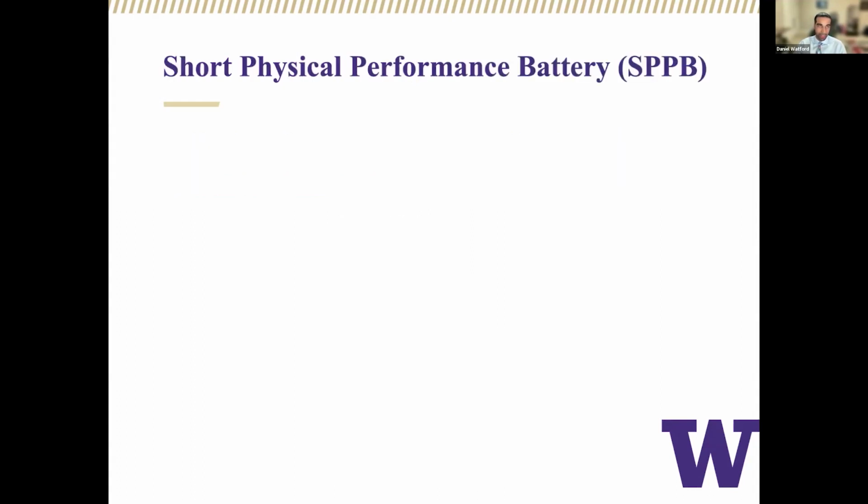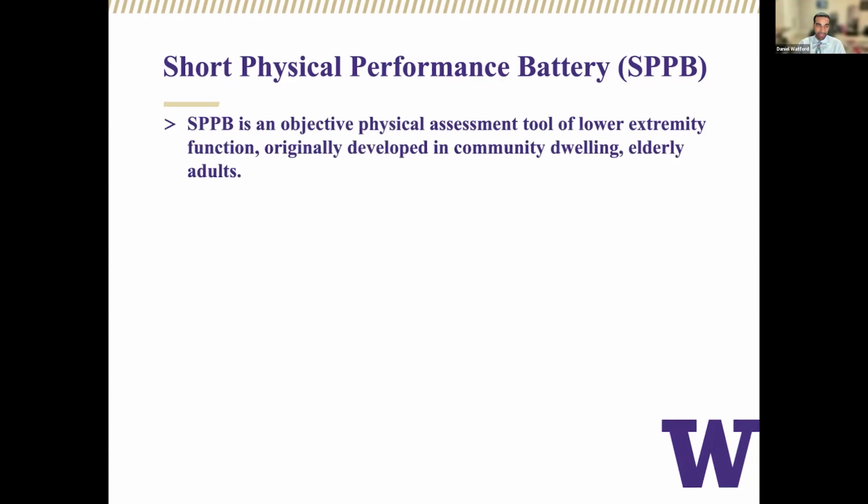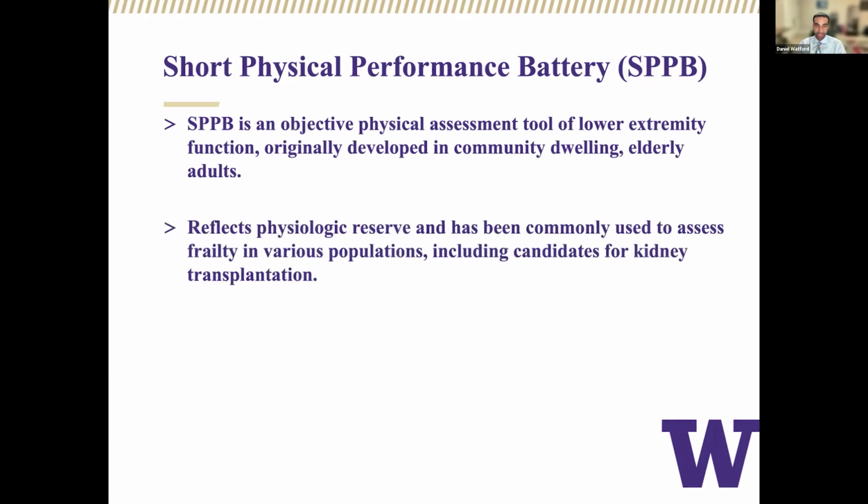All right, another commonly used metric is known as the Short Physical Performance Battery, or SPPB. It's an objective physical assessment tool of lower extremity function. It was originally developed in community-dwelling elderly adults, reflects physiologic reserve, and has been commonly used to assess frailty in various populations, including candidates for kidney transplantation.